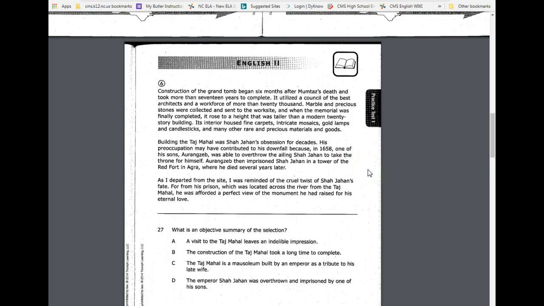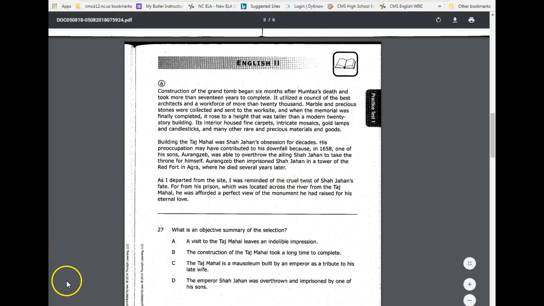At least building the Taj Mahal might have been part of the reason for that overthrow. And then in the last paragraph, it gets back to the narrator talking about his or her own trip. Okay, so that's the passage. If you need to review it anymore, hit pause, go back in this video, and read the pages.